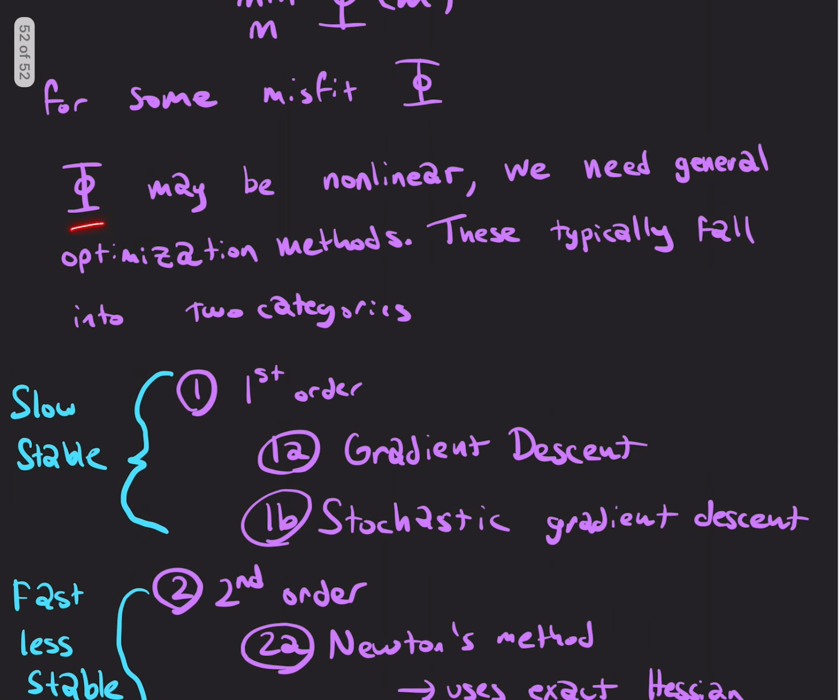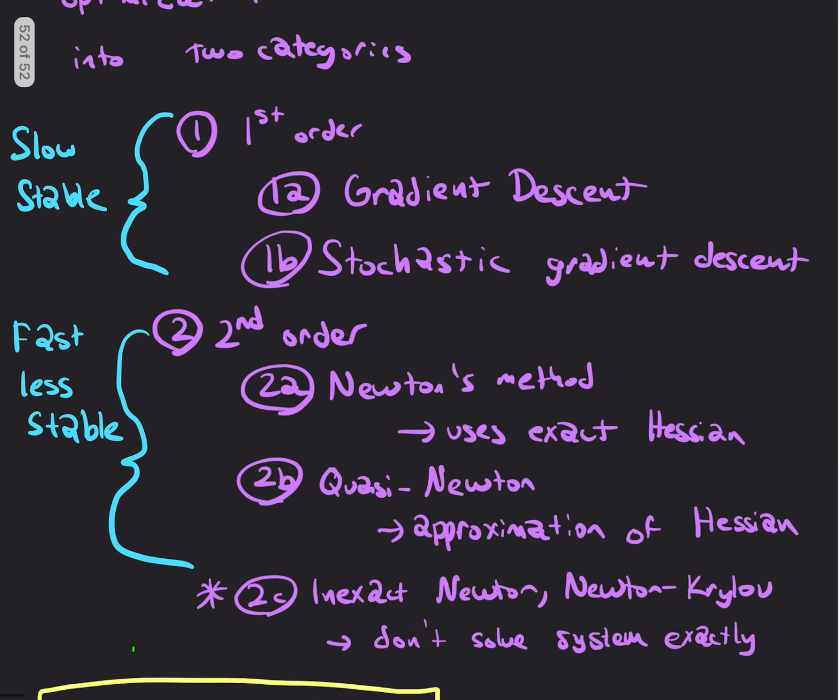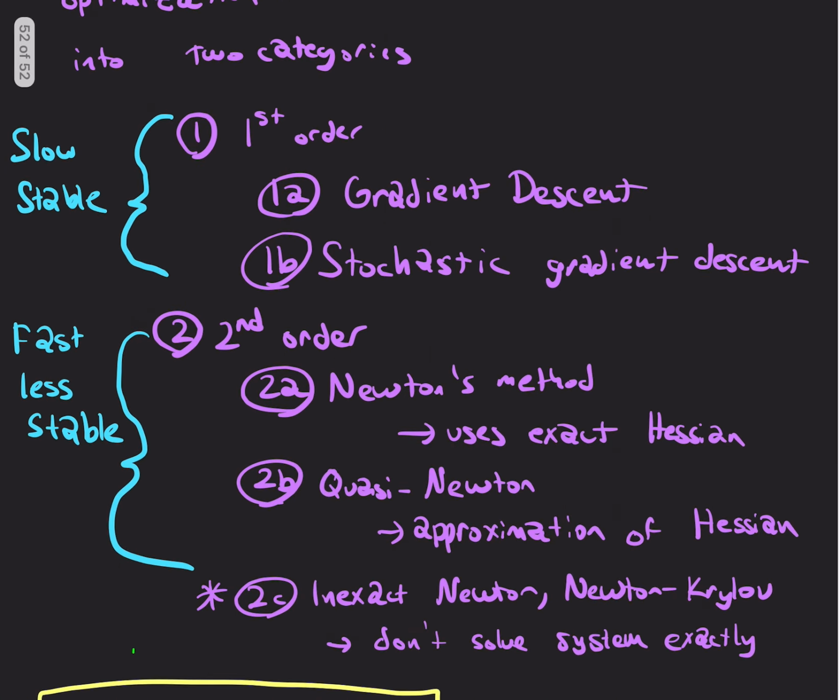In general, phi can be nonlinear, so we need general optimization methods. And these typically fall into two categories, first and second order methods. Generally, good to keep in mind is that on the one hand, first order methods are slow, but they are stable and can be shown to be provably convergent.